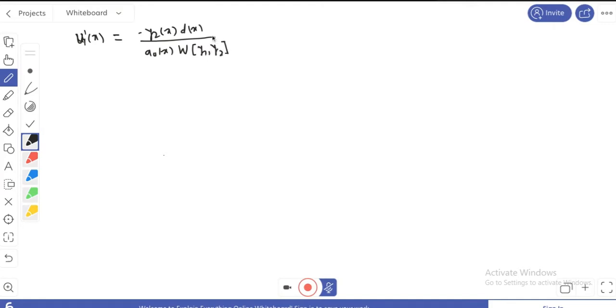This we had already found. Equation number 7 is y1' u1' plus y2' u2' equals g(x) over a0(x), and we multiply it by the y1 term.